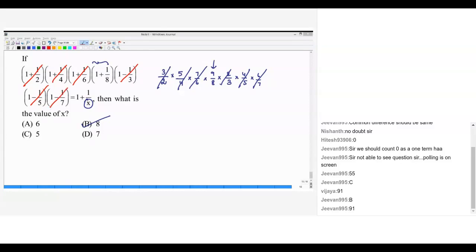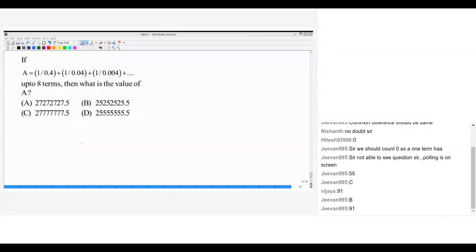Cancel. In a similar manner, there are 8 terms.